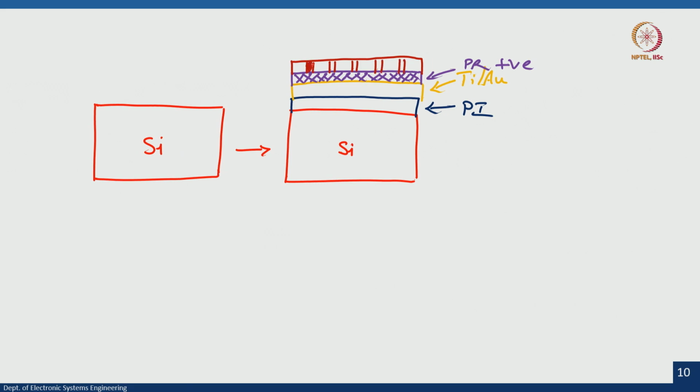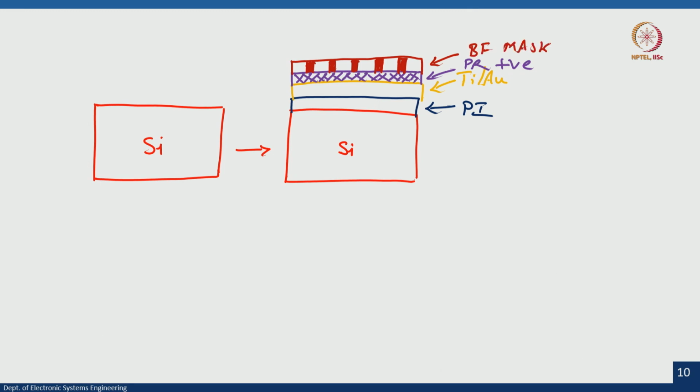Now, of course, when we spin coat photoresist, the step is that we have to soft bake, and the soft bake is done at 90 degree centigrade for 1 minute on a hot plate. This is our bright field mask: the field is bright, the pattern is dark.